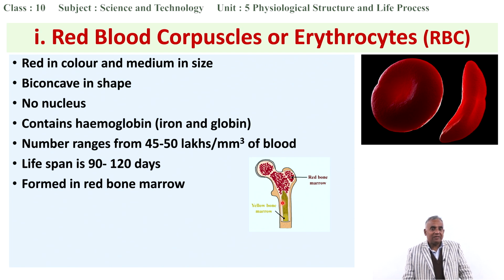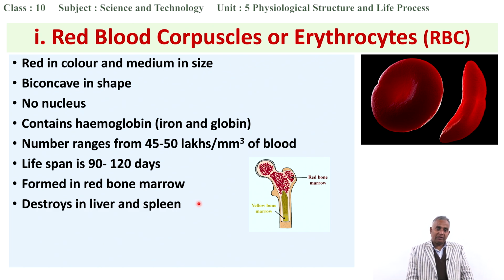And the jelly-like substance filled in between the compact bones is called what? Yellow bone marrow. In these bone marrows, the blood cells are formed. So RBC is formed in what? Red bone marrow.